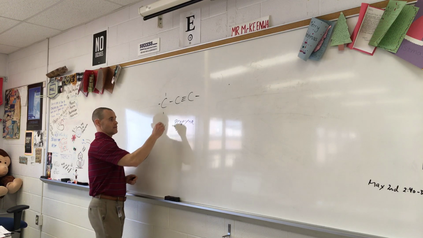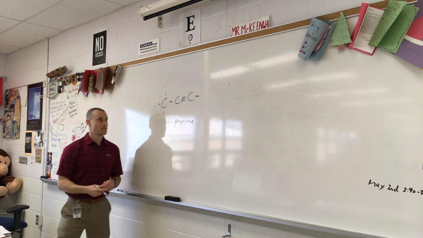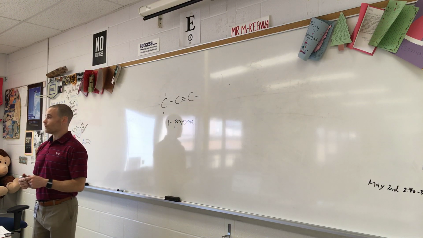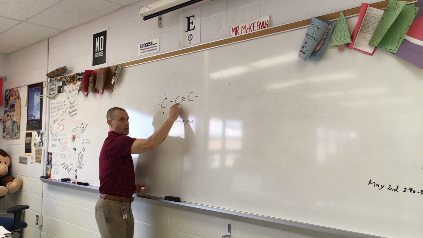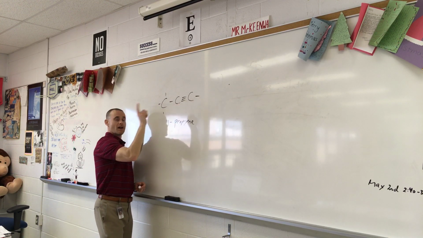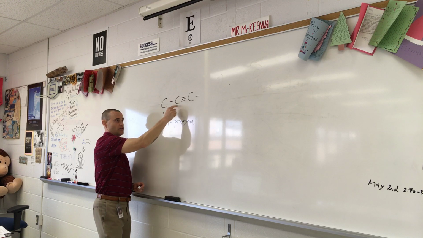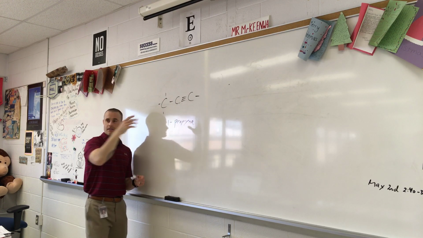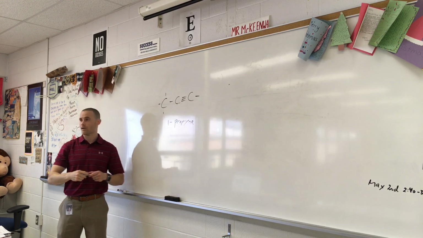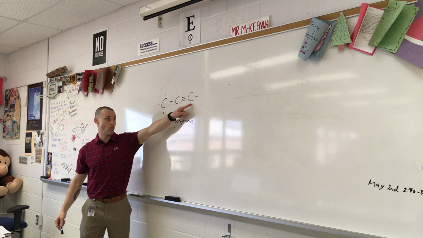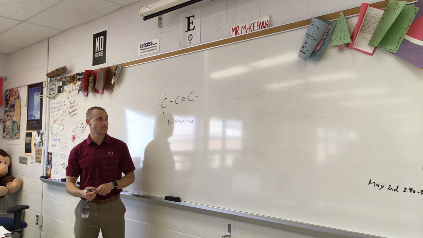So what's the answer? 2. 1. Oh, going that way. Go for the low, right? It's between number 1 and 2. Now I know why you guys said 2, because you started here. 1, 2, 3. Remember, these things actually exist. They can flip, twist, move around. So that's technically 1. So 1, 2, so 1 propyne.